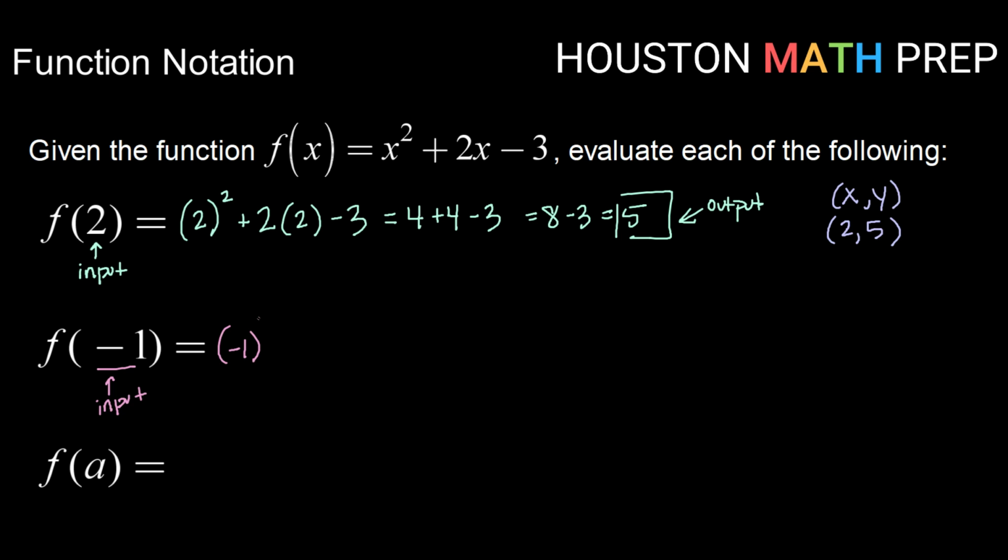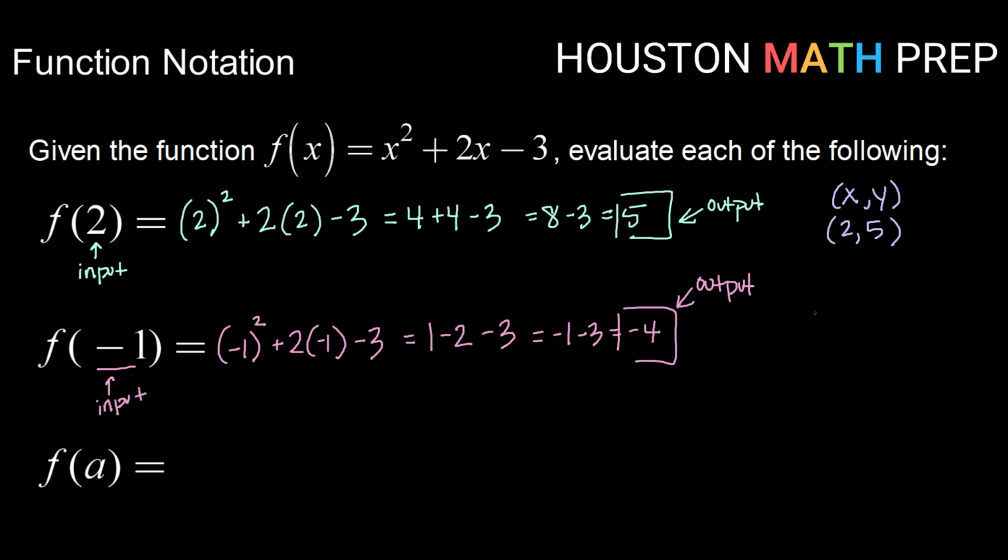So that will be negative 1 squared plus 2 times negative 1 minus 3. Evaluating there, negative 1 squared is 1, plus 2 times negative 1 makes minus 2, minus 3. So 1 minus 2 is negative 1, minus 3 makes negative 4. So there is our output.